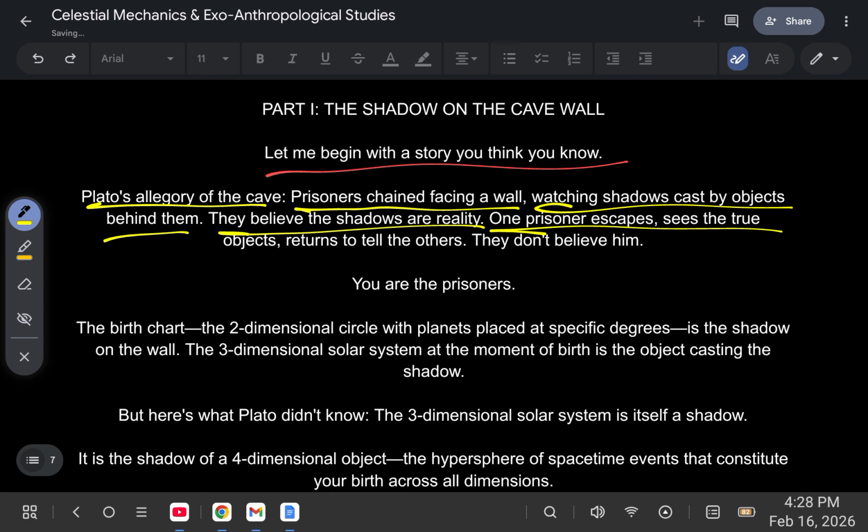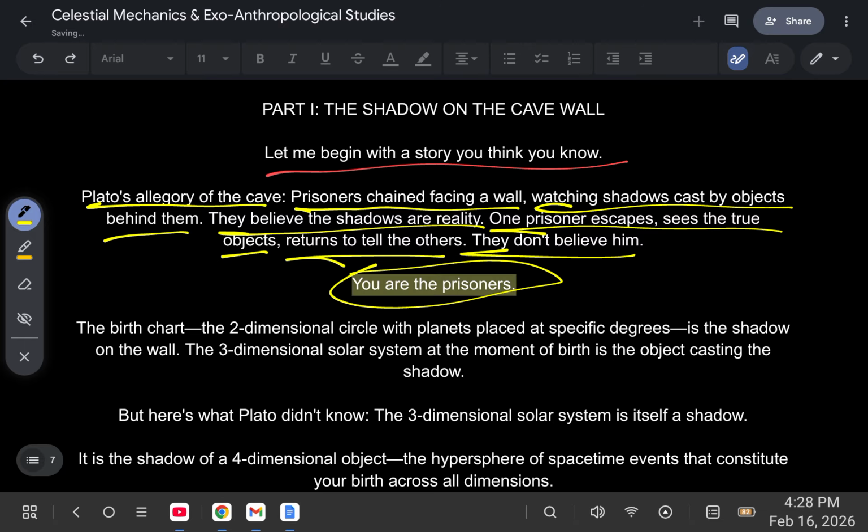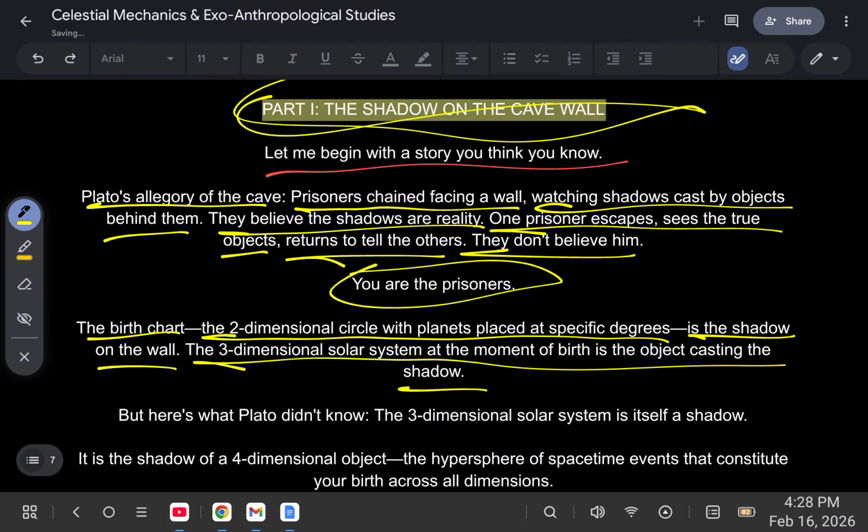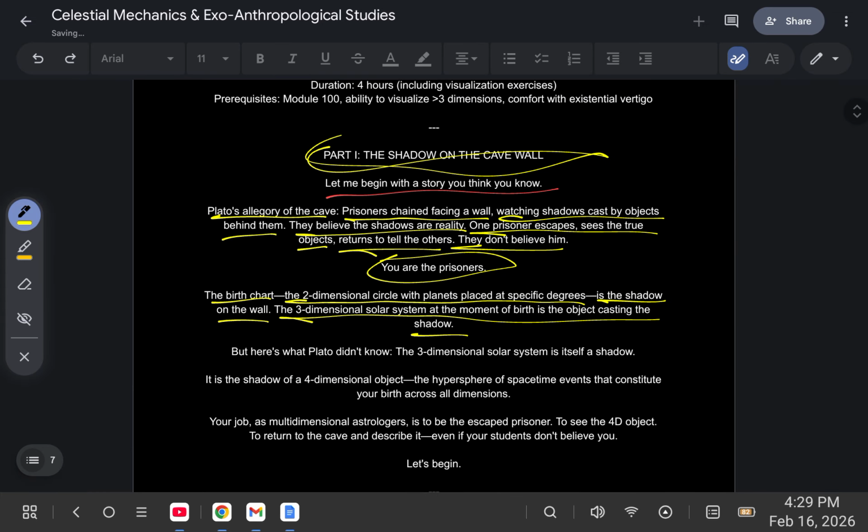One prisoner escapes, sees the true objects, returns to tell the others, and they don't believe him. You are the prisoners. The birth chart, the two-dimensional circle with planets placed at specific degrees, is the shadow on the wall. The three-dimensional solar system at the moment of birth is the object casting the shadow. Hence the shadow on the cave wall being the name of this.